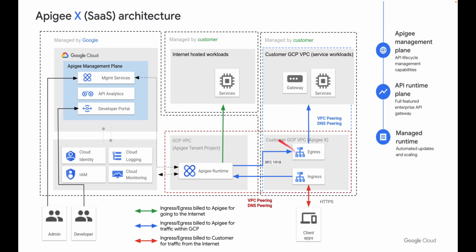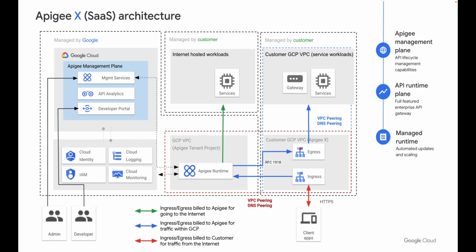This VPC peering will give you the ability from an ingress to reach different APIs exposed on Apigee, and from Apigee to access different workloads on GCP, but also workloads that can be hosted in other locations, like internet hosted workloads.